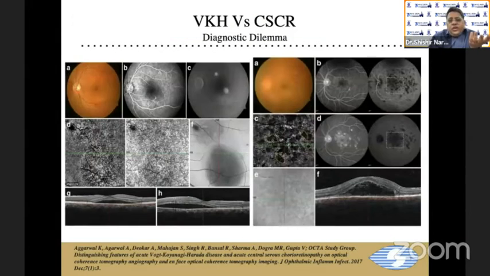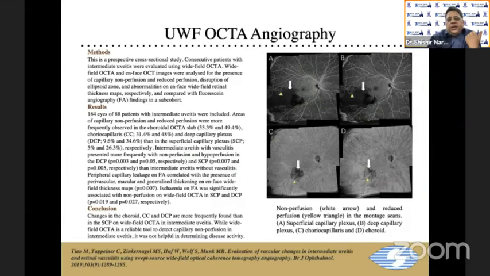So when there is a diagnostic dilemma between whether it's a CSR or it's a VKH, what's important to realize, and this is again another one of the papers from Dr. Anirudh, who's here, is that the masking that you have in CSR correlates with the fluid, while in the case of VKH, you have true voids which are larger than those that you can see clinically or on the en-face image. So that helps you to differentiate a VKH from a CSR.